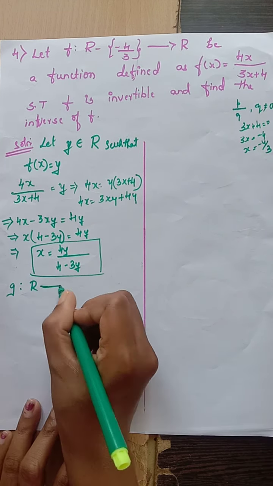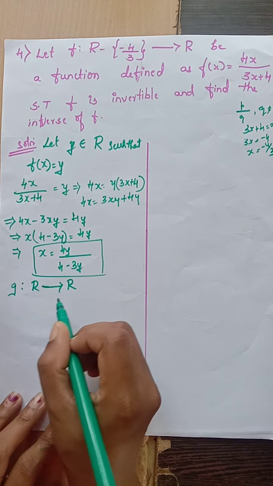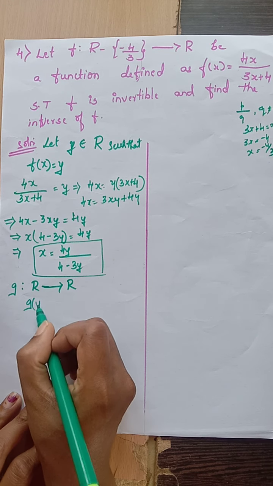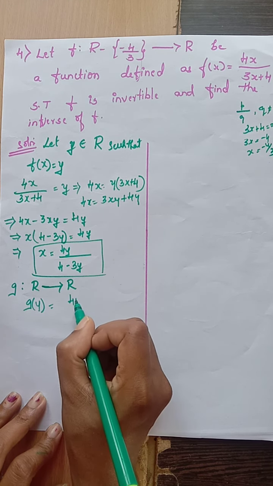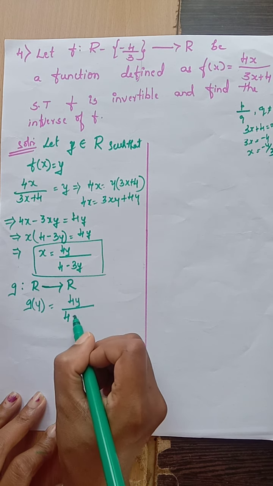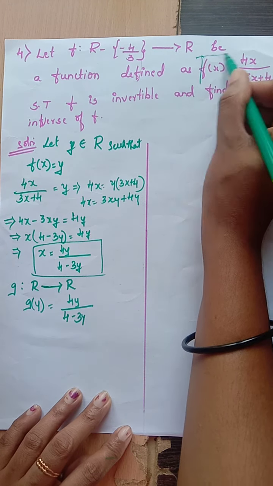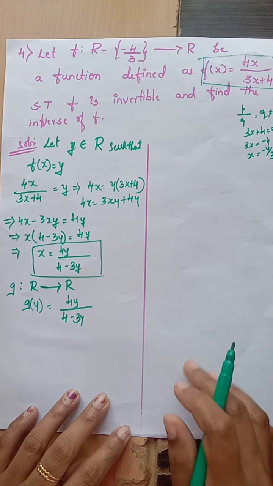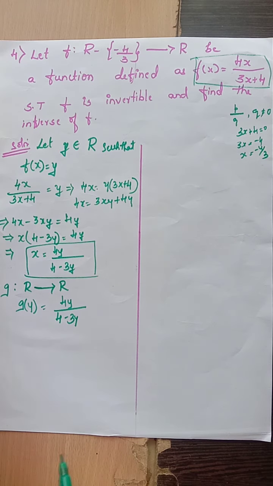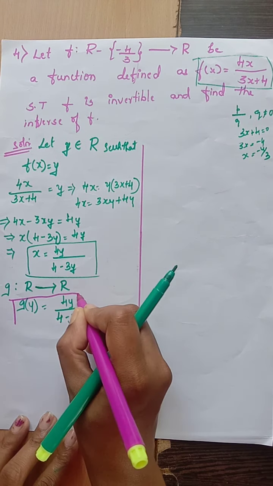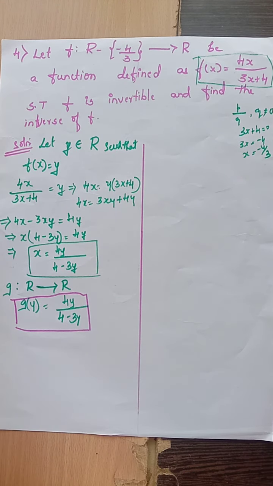Now we define g(y) = 4y divided by (4 - 3y). So we know f(x) is 4x divided by (3x + 4), and g(y) is 4y divided by (4 - 3y). So what is our next step?